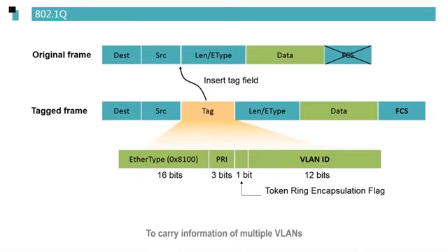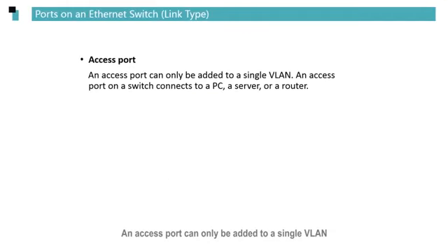To carry information of multiple VLANs, a trunk link must be configured. Switches on both ends of a trunk link must run the same trunk encapsulation protocol. Huawei devices support only 802.1q.